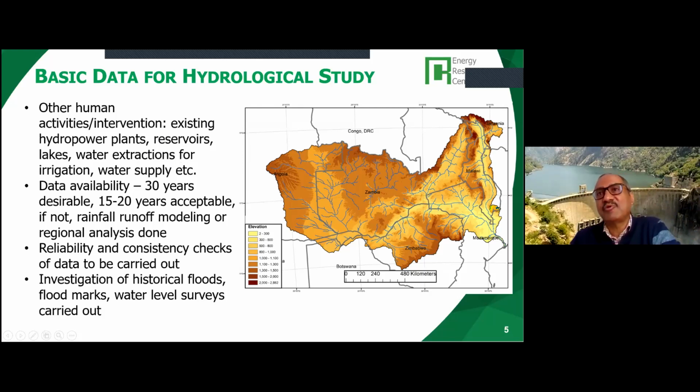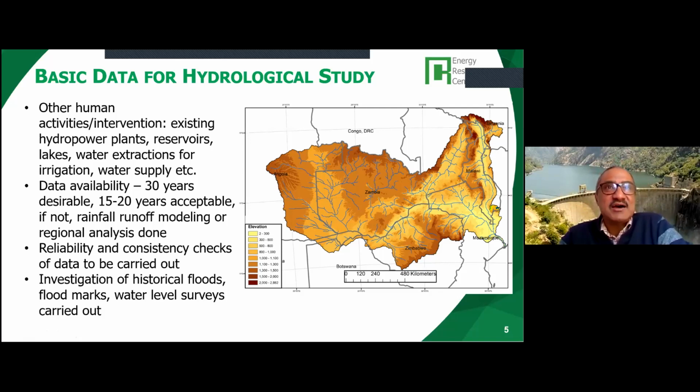Suppose you make a hydropower project in a small river here, you design it for a design discharge of 3 cubic meter per second. But if in the future there will be an irrigation project that will divert water upstream of your hydropower project, you will have problems with the water available.